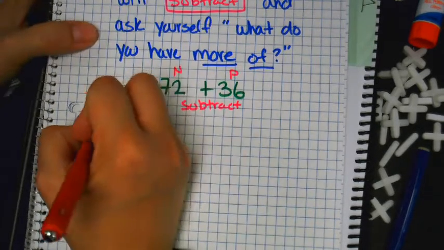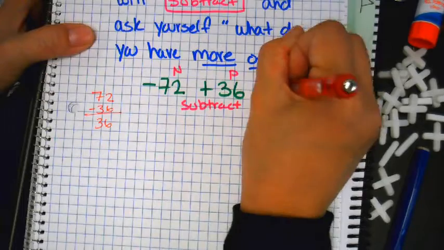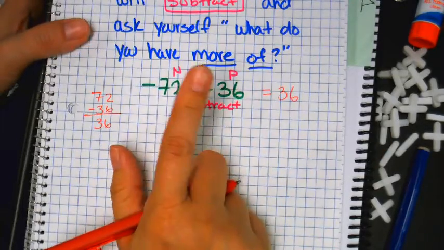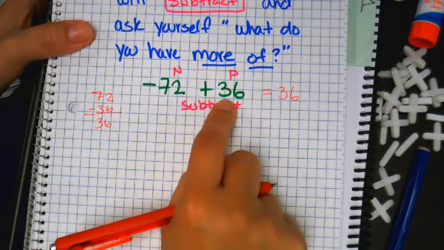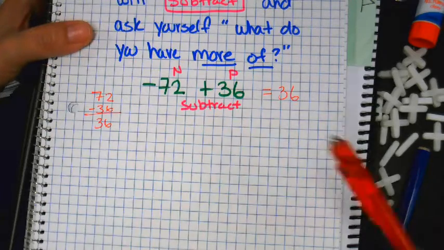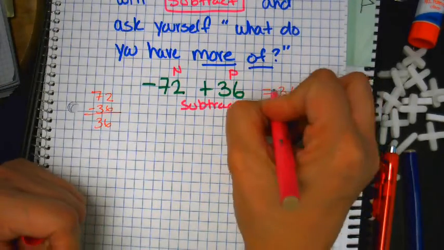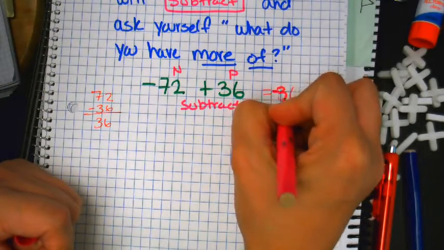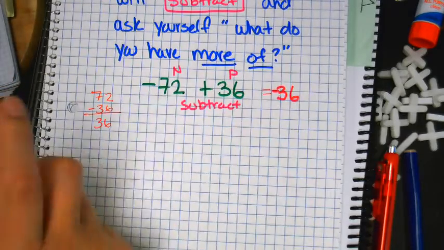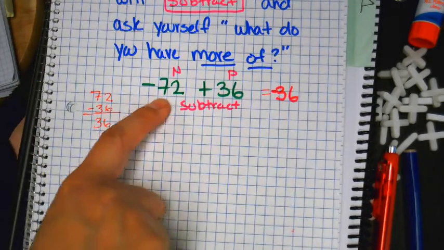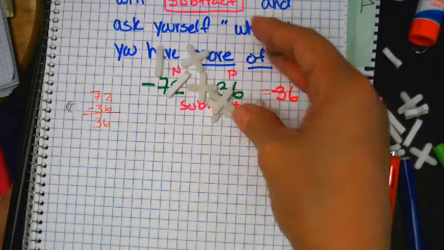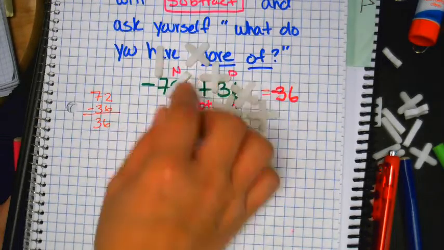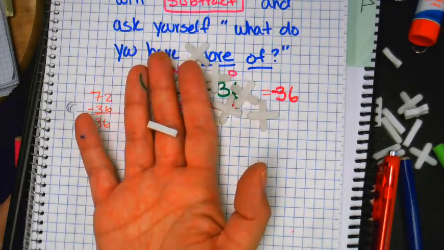Then you go back to your problem and ask, do you have more negatives or more positives? More negative. So my answer is negative 36. The reason it's negative is because you have more of them. You could picture yourself putting all of these tiles out and you're left with a bunch of negatives.